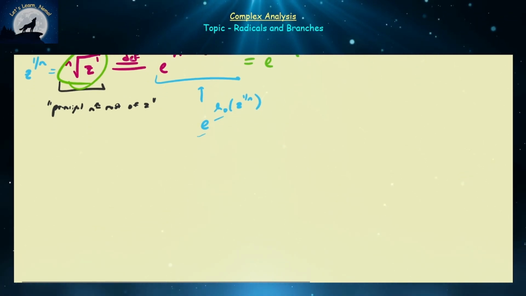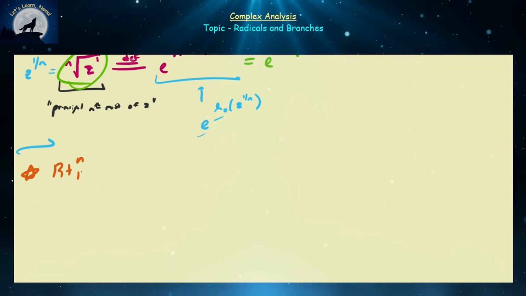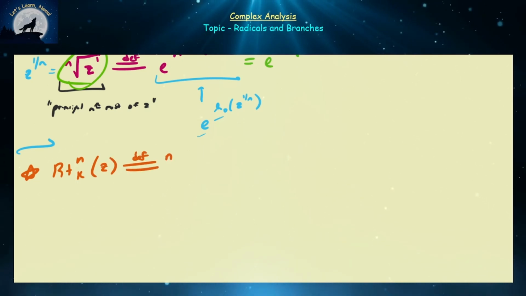So obviously that's the principal nth root. What if you don't want the principal nth root? What if you want the third nth root of a particular number? And obviously those are just going to be rotations of the principal nth root. So from here we're going to define the general radical of a particular number. So the kth nth root of z will be defined to be equal to the principal nth root of z multiplied by a rotation function, in particular the complex exponential.